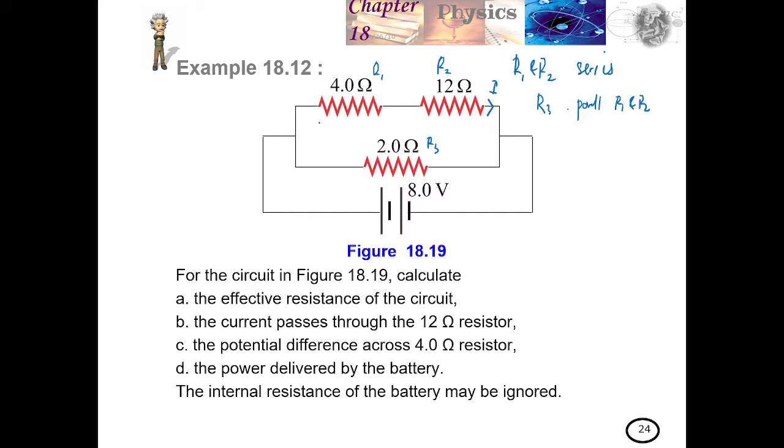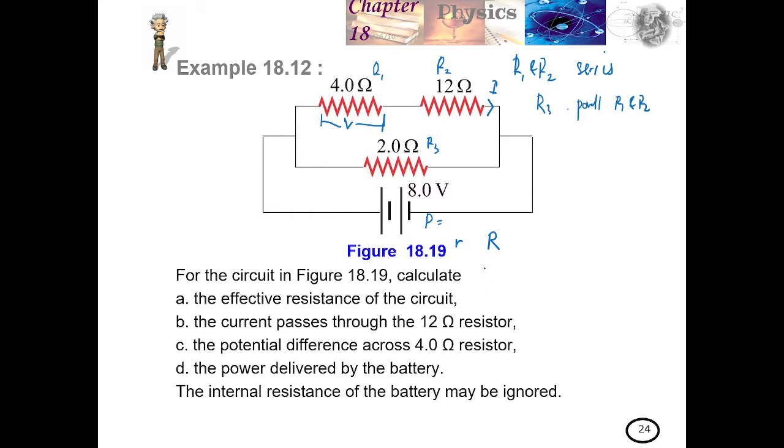So how much is the V over here? And D, the power delivered by the battery. How much is the power P by the battery? The internal resistance of the battery may be ignored. Okay, so we don't have the small r, we only have the big R over here.